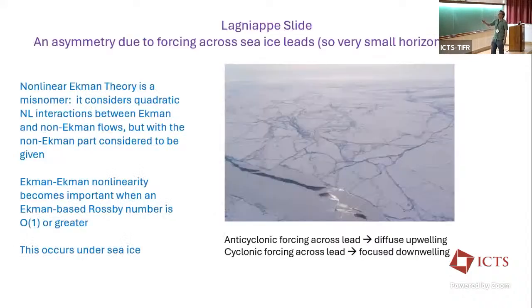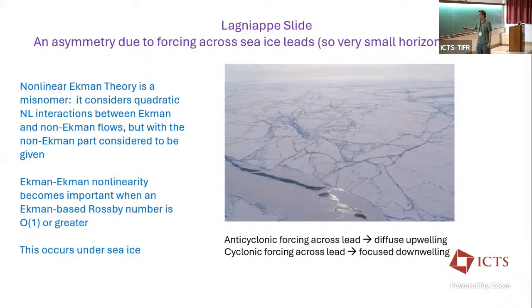And this is just my extra slide about the Arctic. So there's pictures of sea ice, and it's not really the best picture, but if you imagine an ice-covered ocean and the ice is moving, and the stress on the ocean is just the ice ocean stress. And if you imagine a lead, like one ice floe moving past another one, so the stress on one side is this way, and the stress on the other side is that way.